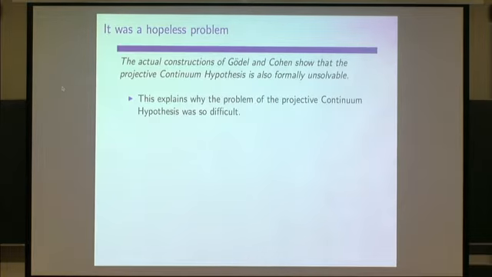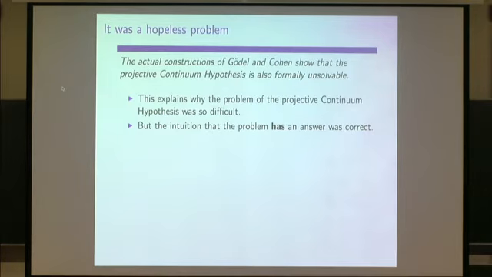It was. The actual constructions of Cohen and Gödel show that the projective continuum hypothesis is also formally unsolvable. If you just literally take the universes that they constructed, this explains why the problem with the projective continuum hypothesis was so difficult.